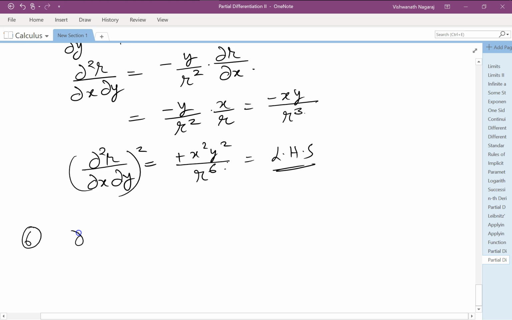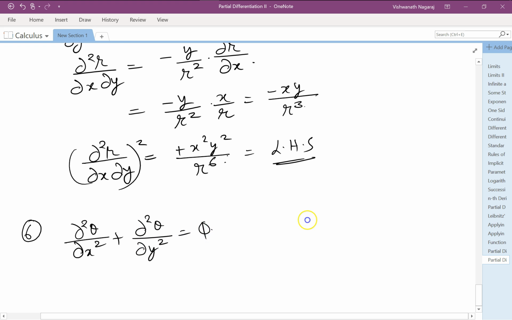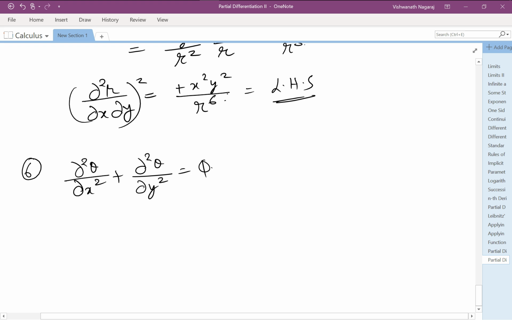Now the last one. Dou square theta by dou x square plus dou square theta by dou y square is equal to 0. We have to show this. Dou theta by dou x was minus y by r square.